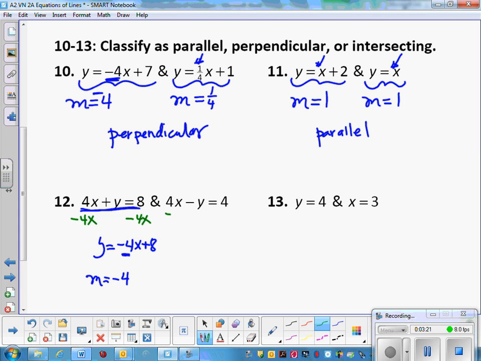So I'm going to subtract 4x from both sides. That will leave me with a negative y equals negative 4x plus 4. I will need to divide everything by negative 1 so that I have a positive y is equal to a positive 4x minus 4. So for this one, the slope is m equals a positive 4.